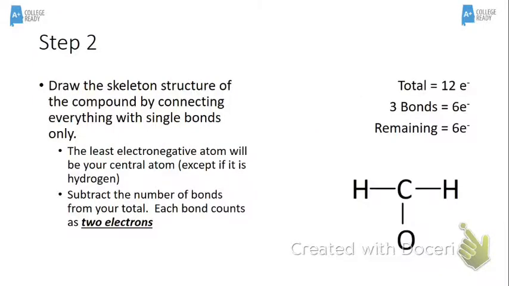Then our next step is that we're going to draw the skeleton of the compound, connecting everything with single bonds. The central atom is your least electronegative, and the way that the formulas are typically written, now I'm not going to tell you that it is 100% of cases, the atom to the furthest left is typically your least electronegative atom.